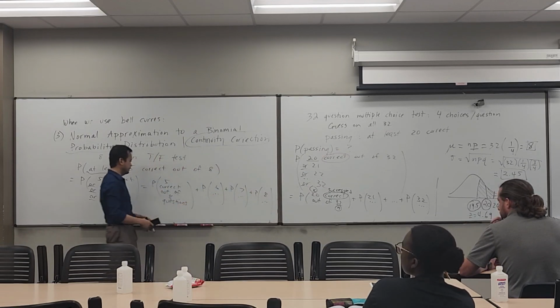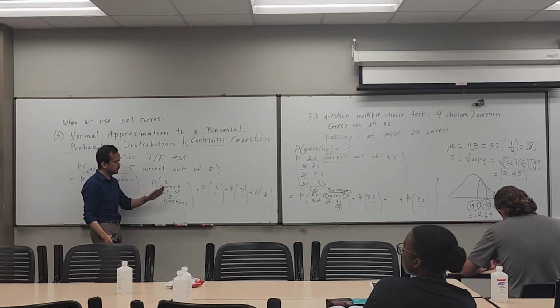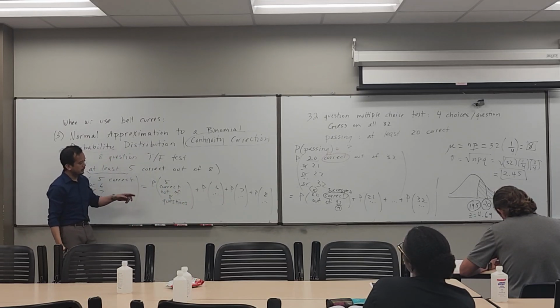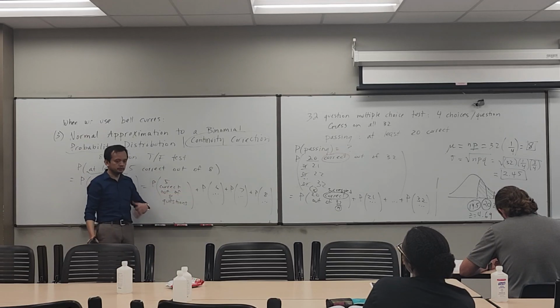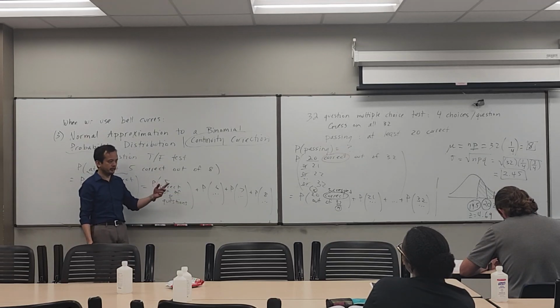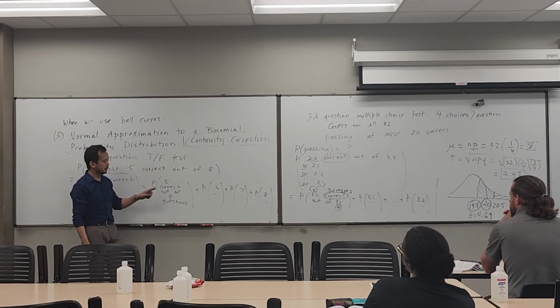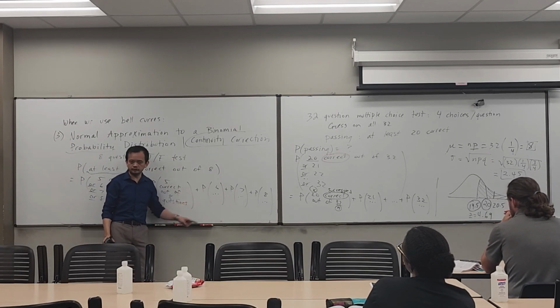So here, we're seeing that we need to add up multiple binomial probabilities to get our answer. And then we think, instead of adding up multiple binomial probabilities, we've been saying that we can fit a bell curve onto it as long as the assumptions are met. So are the assumptions met here for us to fit the bell curve?